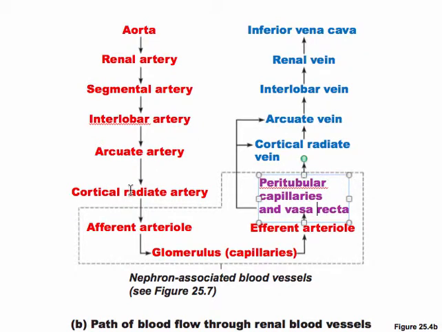We have cortical radiate artery, we have cortical radiate vein. If you notice, there's one type of artery that we do not see in the vein. And so I would put a star by that in your notes, and remember that there is one extra step, one extra branch in the arteries than we have in the venous end.